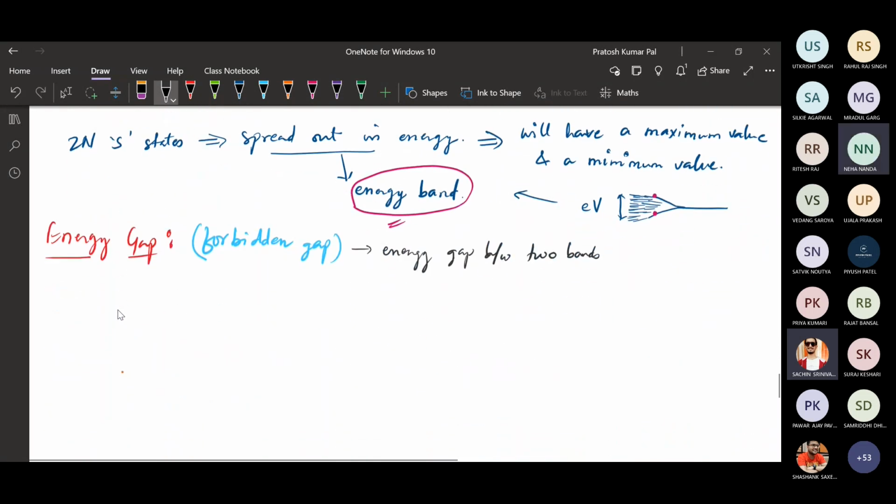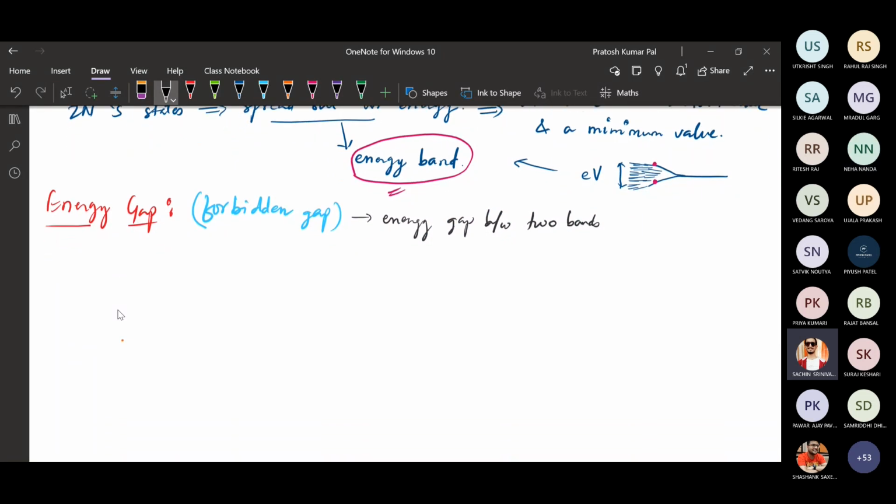The energy gap decreases with atomic spacing. As we have seen in the previous figure, the energy gap decreases as we decrease the atomic distance.